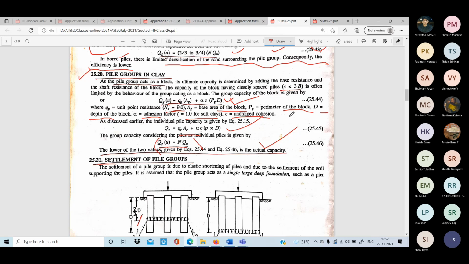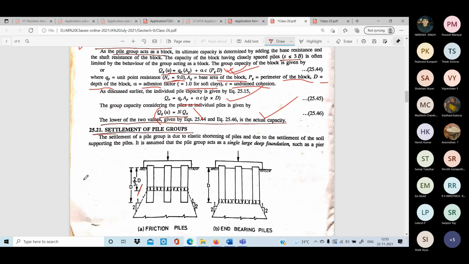Wherever G is there, G is for group, so don't confuse. We are simply taking Q at the tip plus Q at the surface.